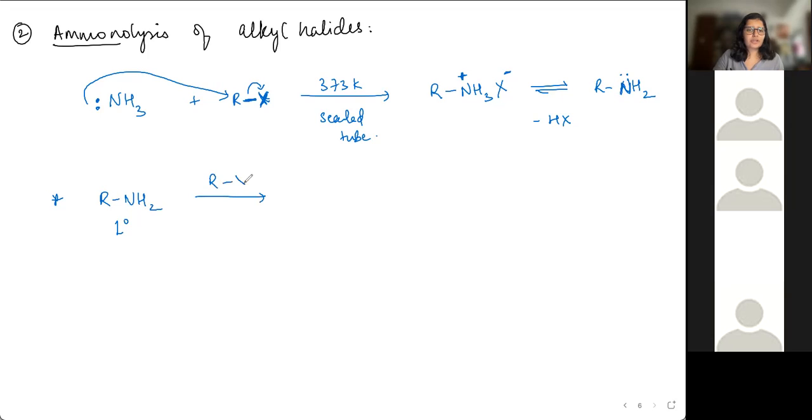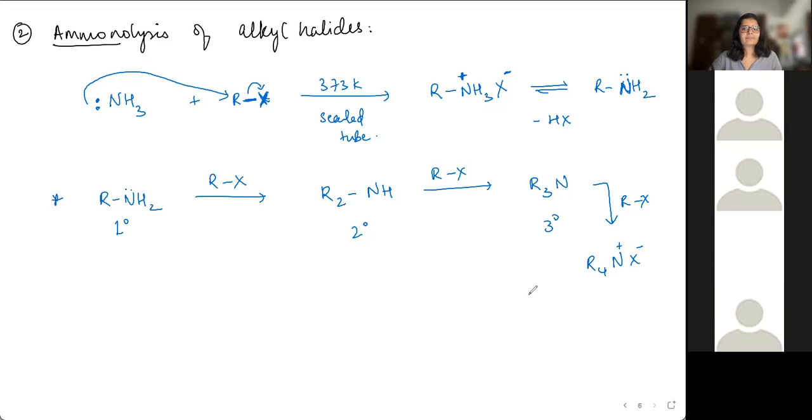It's going to react with another molecule of RX. Same thing's going to happen. It takes this alkyl group also, gets converted into a secondary amine, then reacts with another alkyl halide, turns into a tertiary amine. And again, this undergoes the same reaction and gets converted into a quaternary ammonium salt. It's going to stop at this step because there's no hydrogen to get eliminated. So this is called a quaternary ammonium salt.